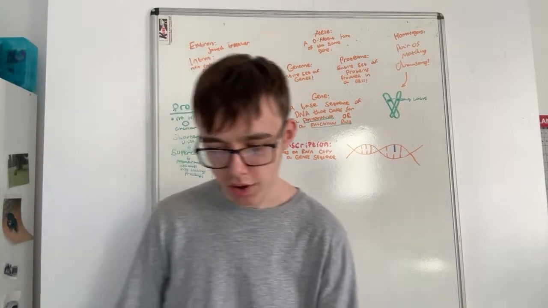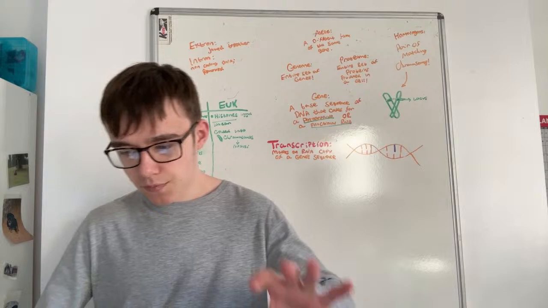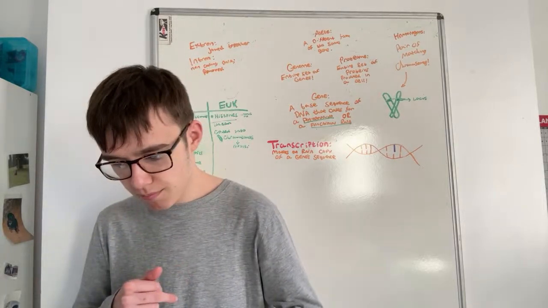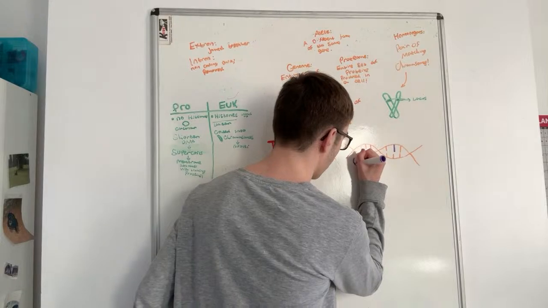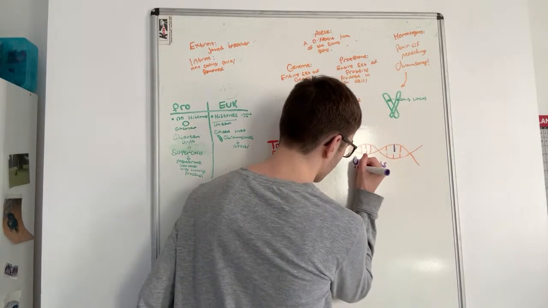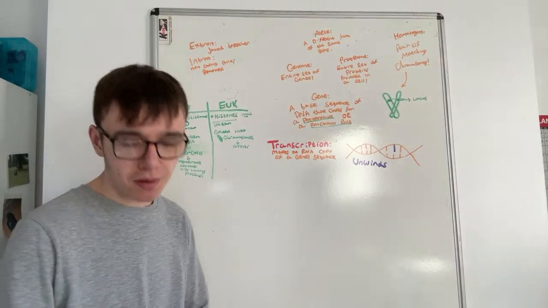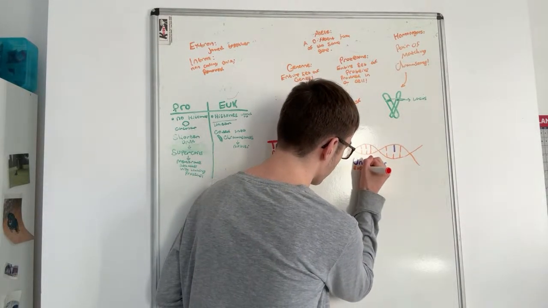So how does this work? How does transcription work? Number one, the helix unwinds to expose the bases. And then we're going to put the main point here. So it unwinds to expose bases.